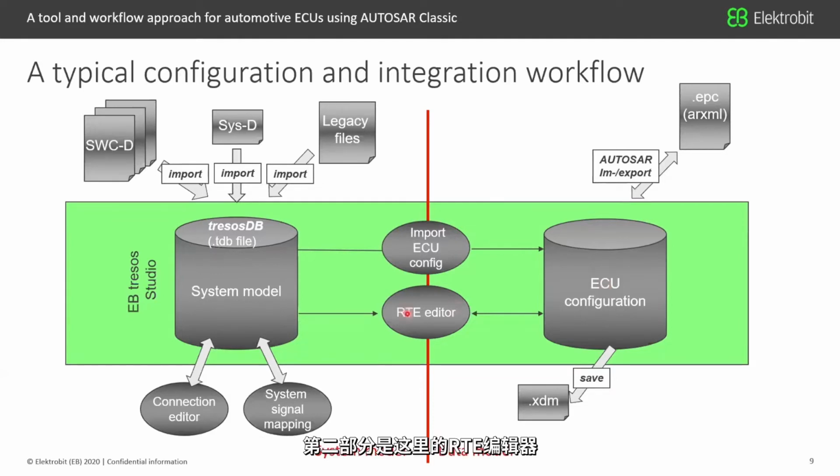And the second part here is played by the RTE editor, which brings together the scheduling and communication needs of the application with the respective services provided by the basic software. So when we now go through the workflow, we will also highlight the relevant parts so that you also understand how this relates to the internal behavior of the tool.